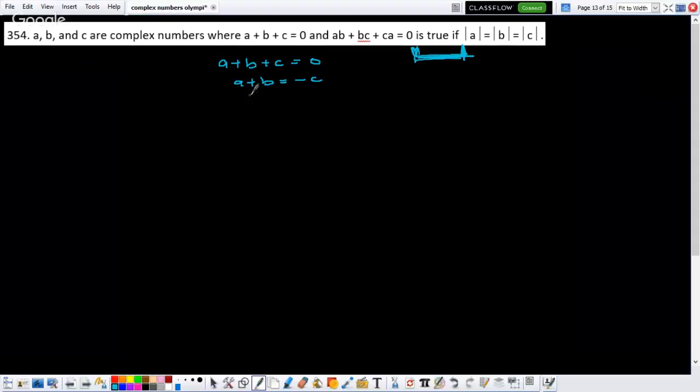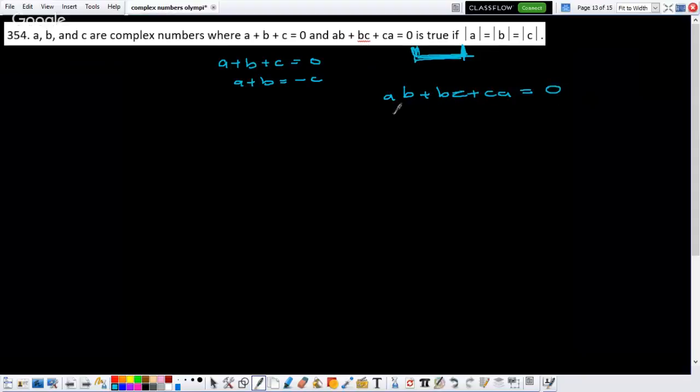Okay. A plus B is equal to minus C. Then the second one I'm trying to write: AB plus BC plus CA is equal to 0.